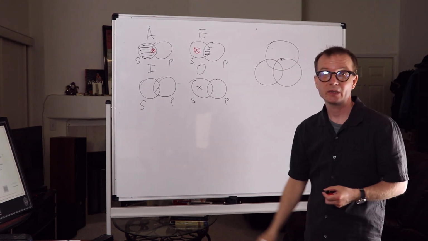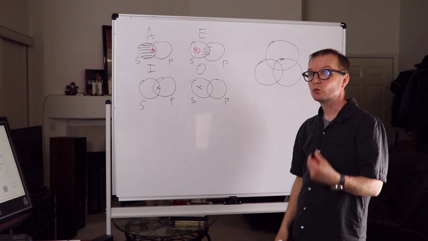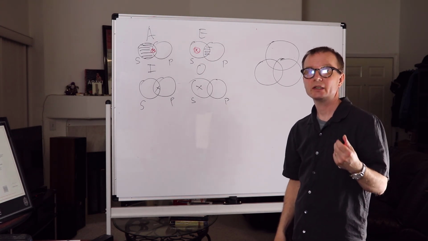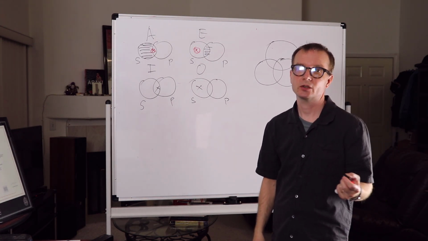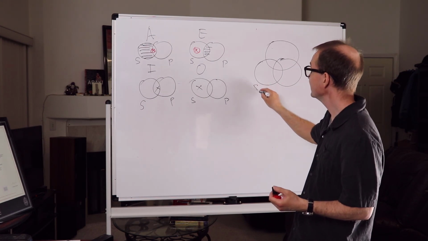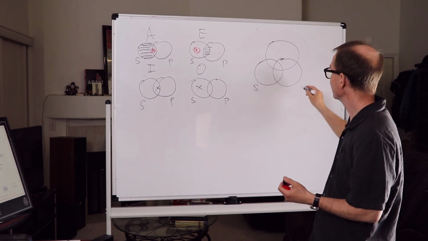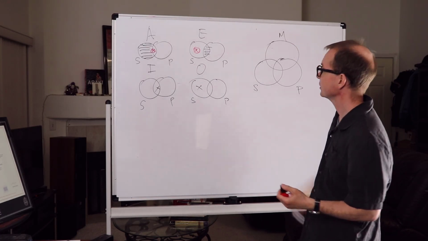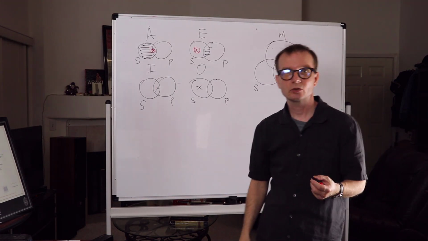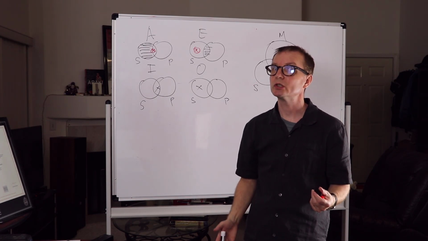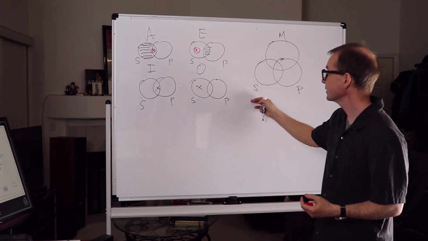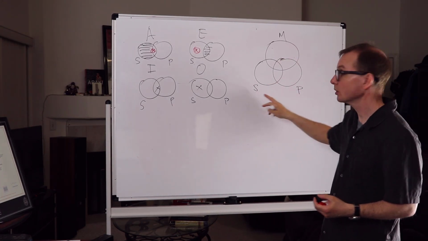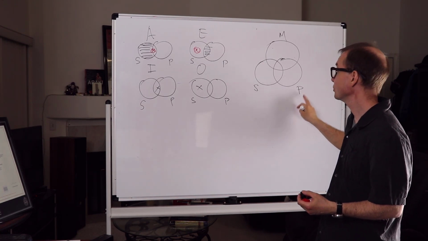How do you name them? Of course, when you actually have terms, you can use different letters. But this will always be whatever is your subject term, this will always be whatever is your predicate term, and this will always be your middle term. What's your subject term and predicate term? Look at the conclusion. Whatever is on the left in the conclusion is your subject term, whatever is on the right is your predicate term.